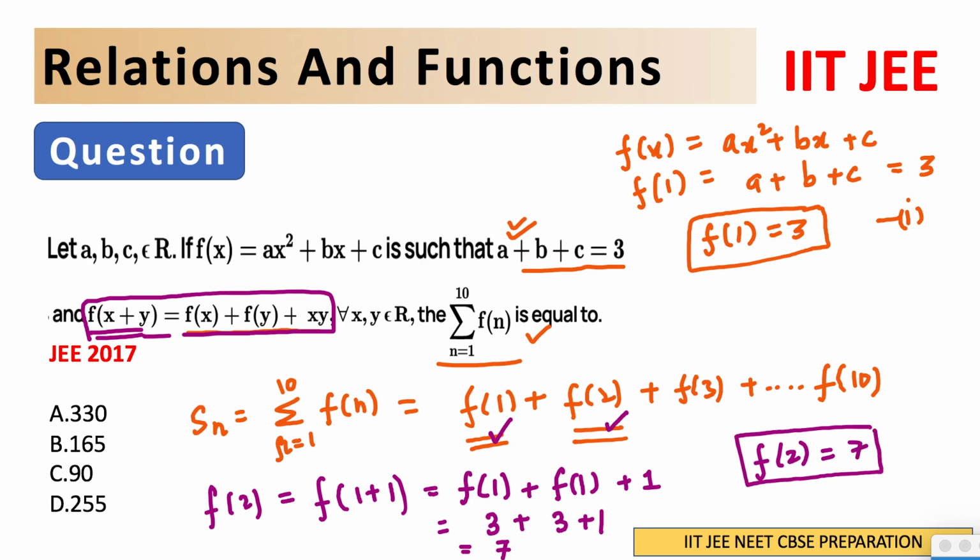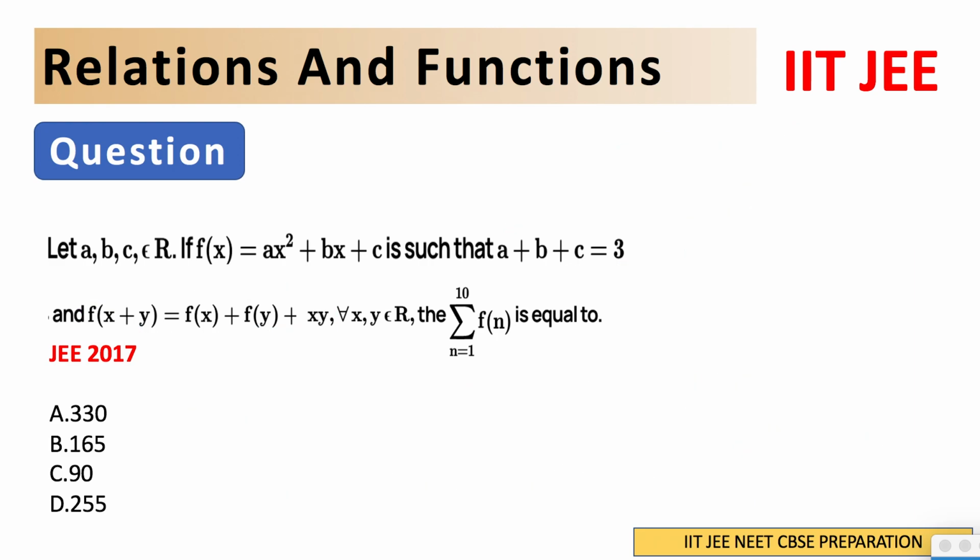Similarly, you can apply the same formula, f(x plus y), and you will be able to find out what is the value of f3 also. Let me write it down. Let's quickly calculate what will be f3. f3 will be equal to f(2 plus 1), because we have already calculated f2 and f1. We can use our formula here.